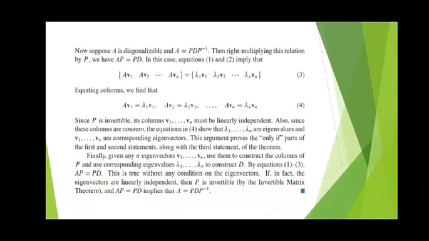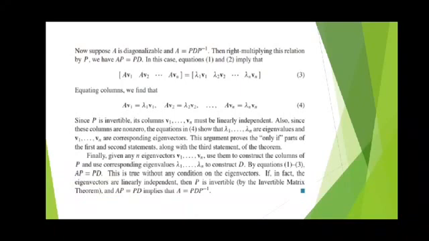For that we take V1 through Vn, the n eigenvectors, which are linearly independent. Here we construct the columns of P and use the corresponding eigenvalues lambda 1 through lambda n as the diagonal entries of D.